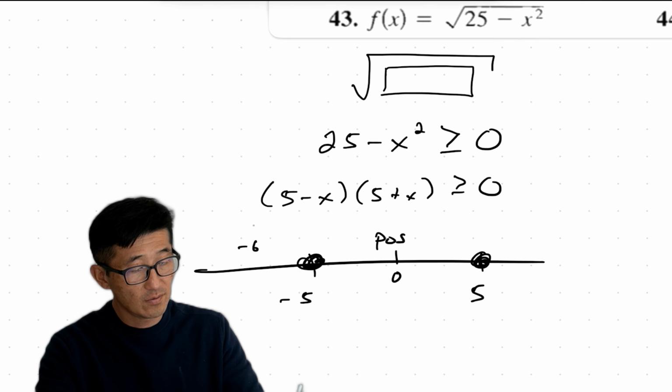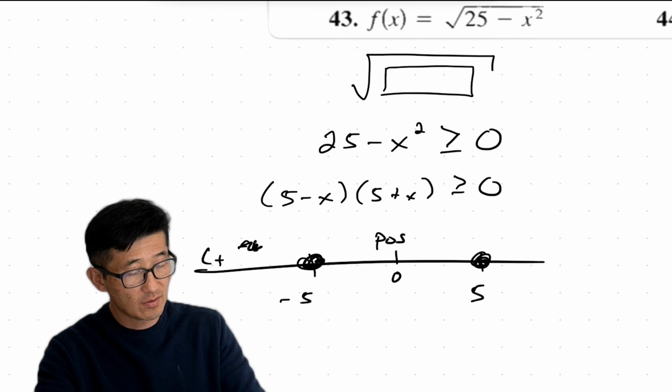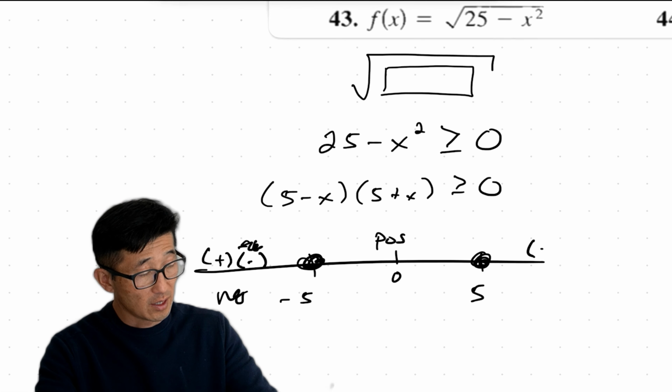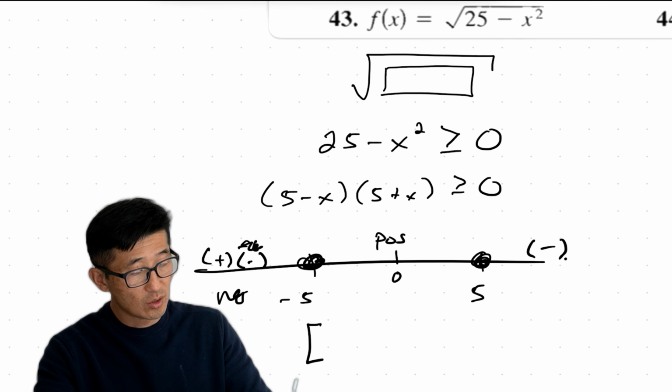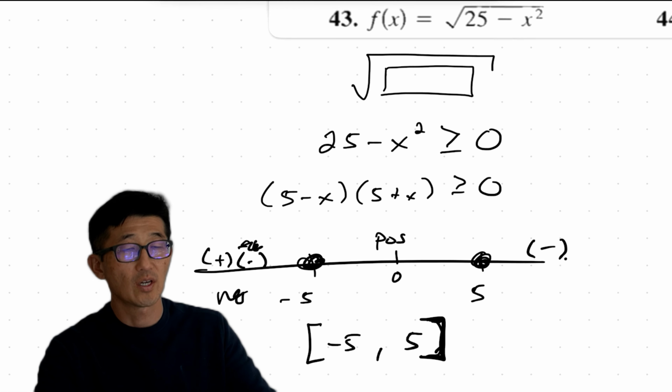Actually, no, 5 minus -6 will become positive. This will be negative, and this should be negative. Okay, so the numbers you only want are from -5 to 5. Okay?